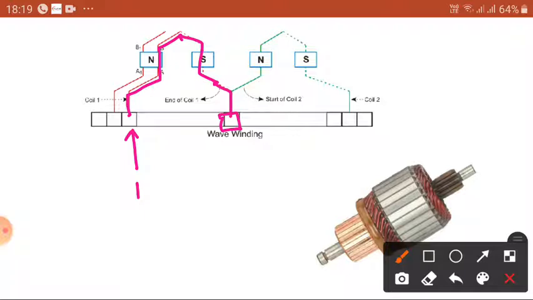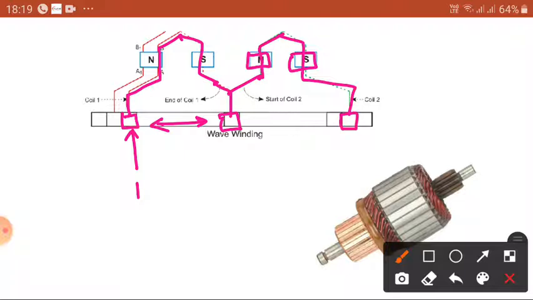Okay, now this commutator segment and this commutator segment are a distance apart here, and another coil is connected here under the influence of the north pole, and is connected to the other side under the south pole, and is connected to another commutator segment.